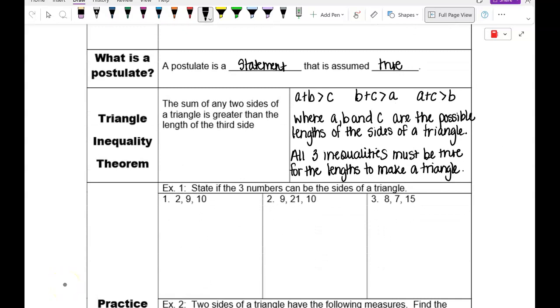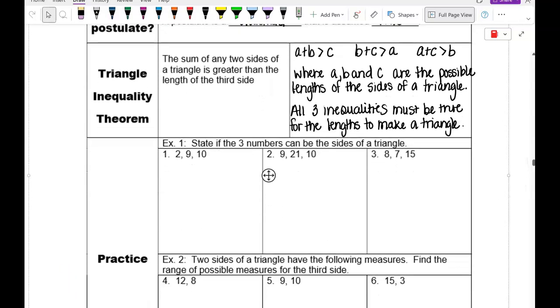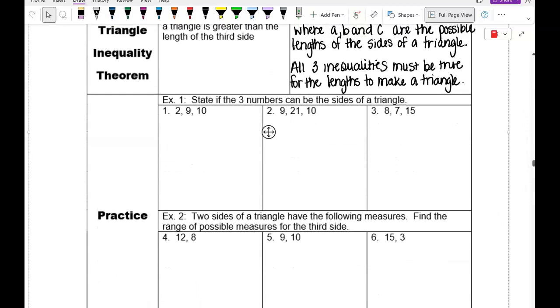All right, so this first set of examples here, this is really what you were doing with the spaghetti the other day. You were just getting the three sides by rolling the dice to see which piece of spaghetti you were going to do here. So the first one, they give us the values 2, 9, and 10. So one of them is going to be A, one of them is going to be B, one of them is going to be C. And again, all three inequalities have to be true here.